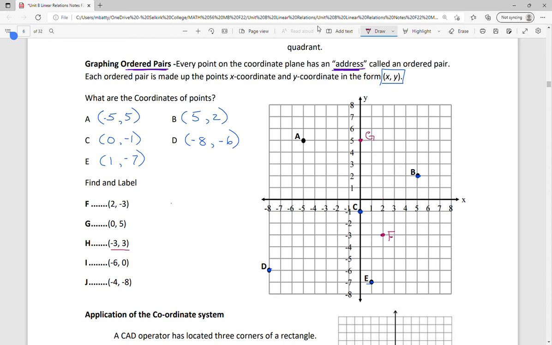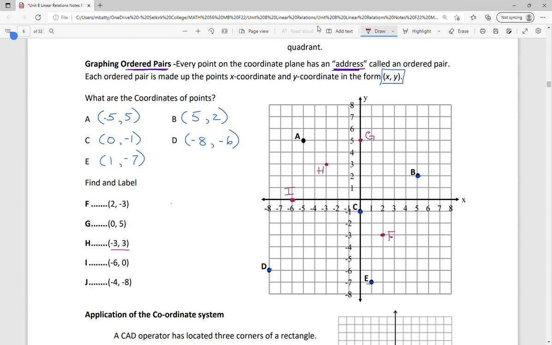H gives me -3 on the x and a +3 on the y. I, if I do that one, it tells me that it's -6 on the x and 0 on the y.